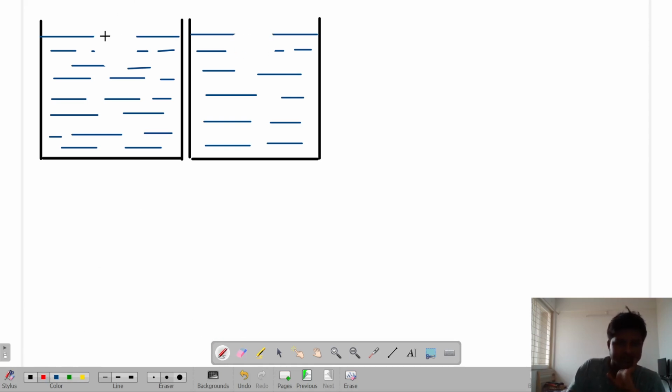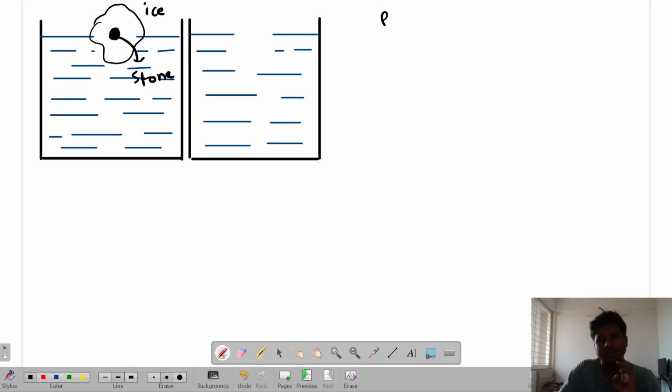Acha, there was an ice, and inside that there is a stone. Now, the density of a stone is more than the density of water.